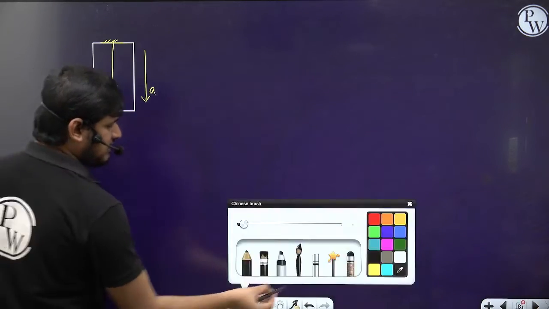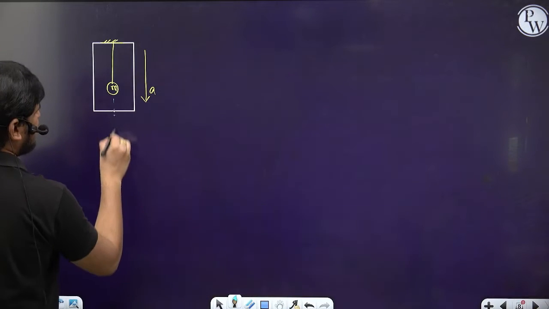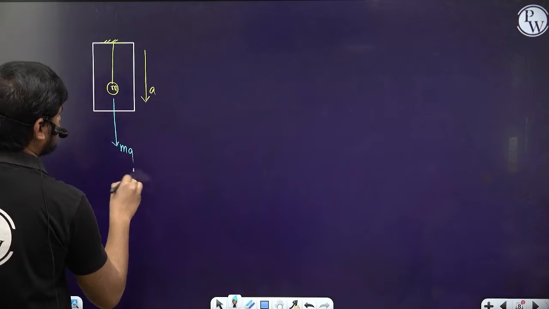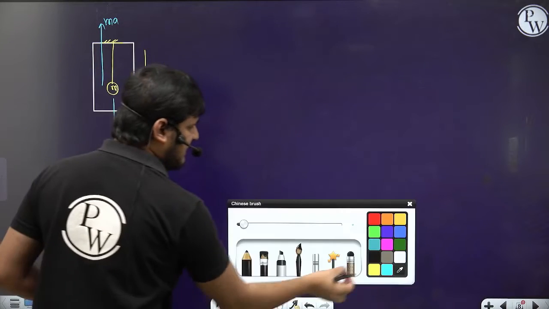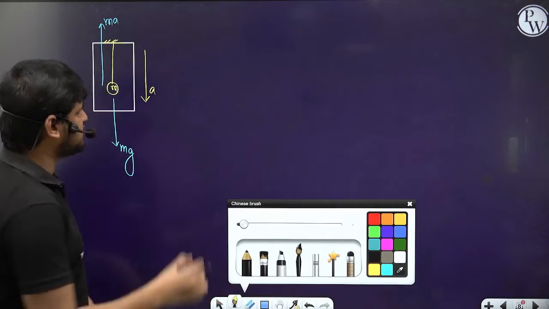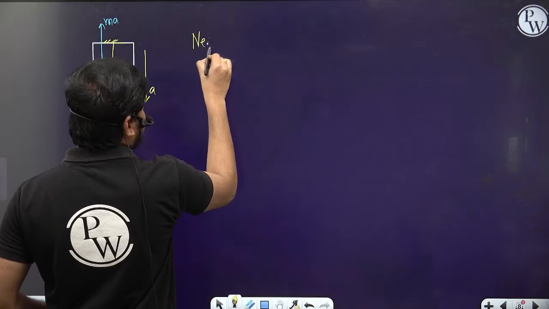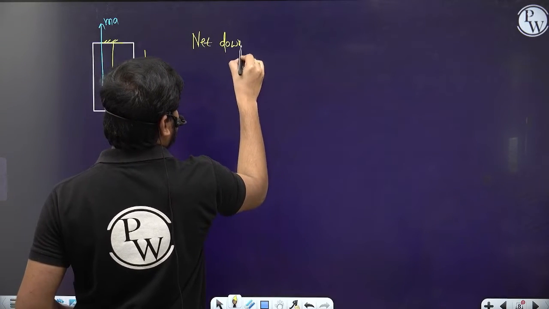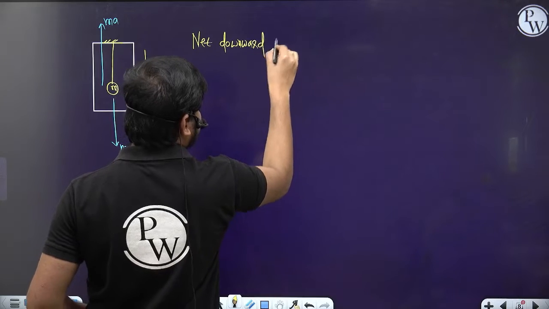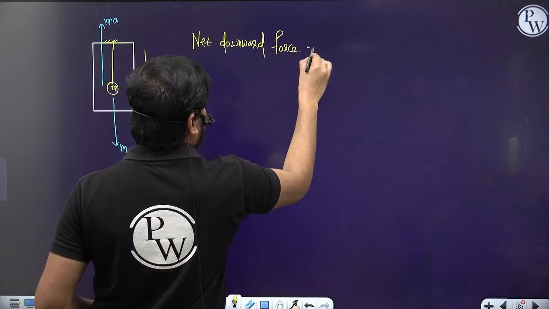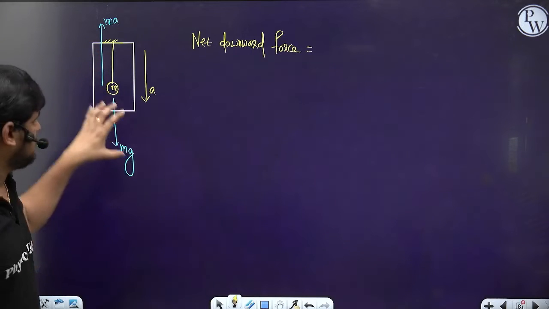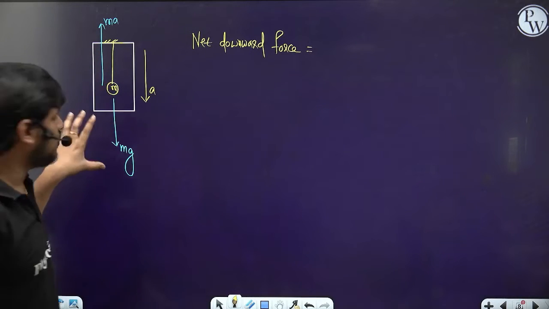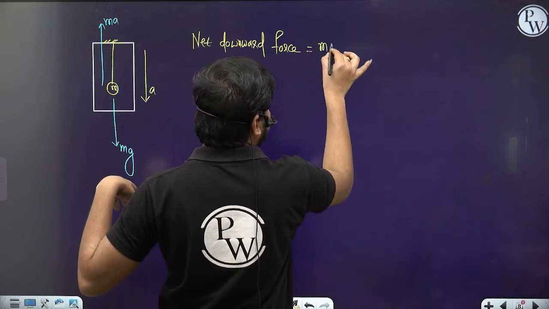So then what are the forces that are acting? The mg is downward, and then the pseudo force ma will be upward. So then I can write the net downward force. Still the net force will be downward only, so I can write mg minus ma.